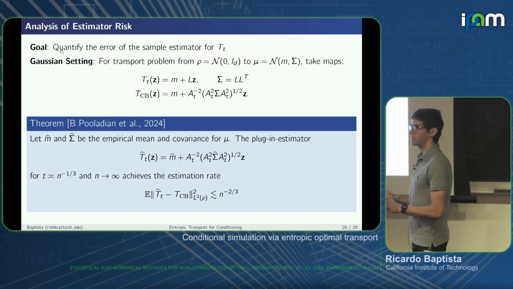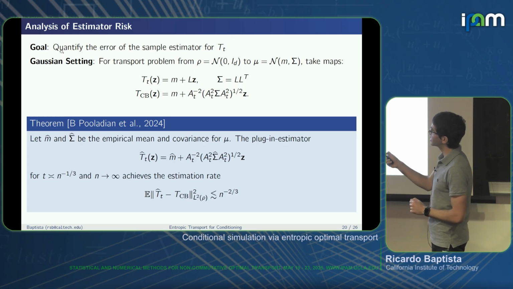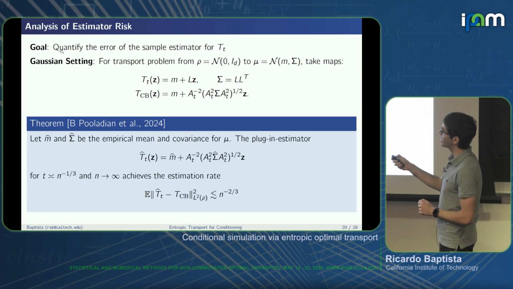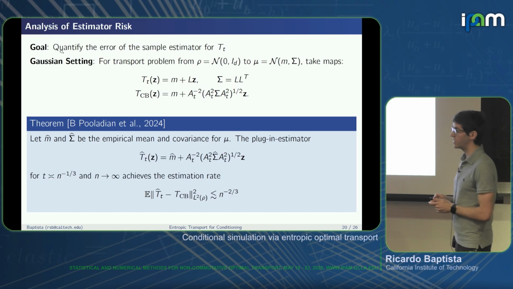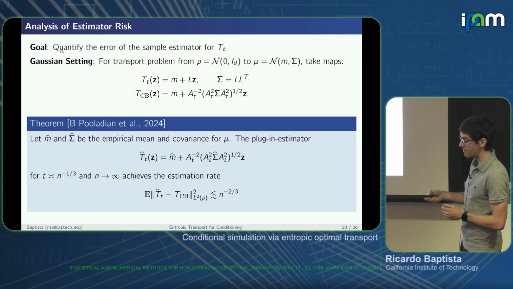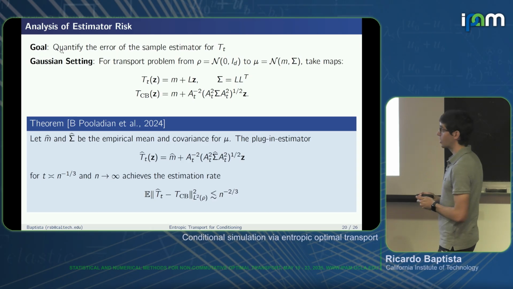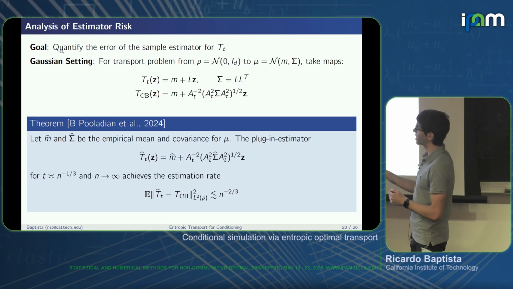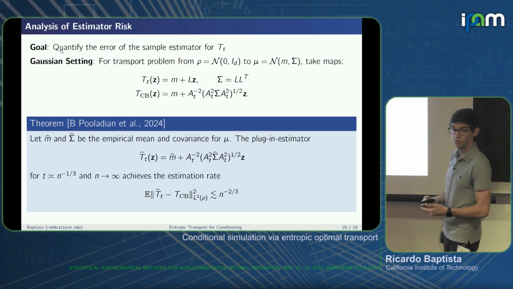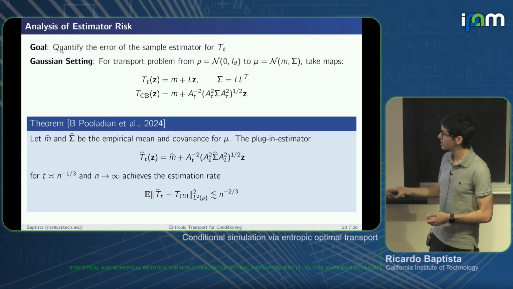What we analyzed for now is a plug-in estimator for these maps that are optimal with respect to the rescaled cost, just by replacing the covariances and the means with their empirical counterparts.